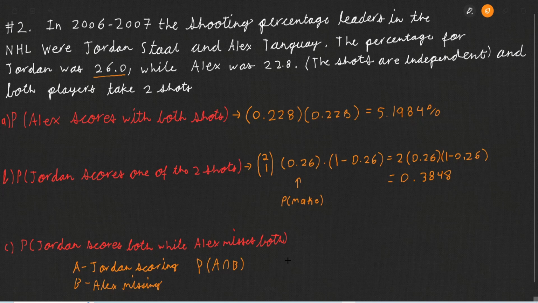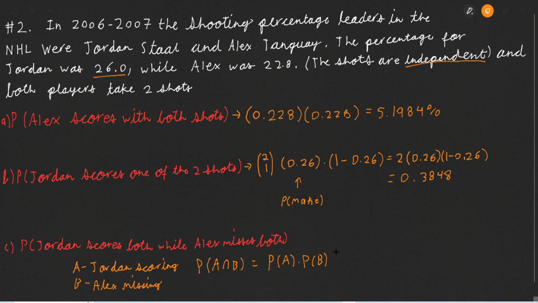So what we'll need to do here is we'll need to use our probability formulas that we learned in the lesson, which means that the probability of A and B is equal to the probability of A multiplied by the probability of B. But this is only true because we already know that the shots are independent, because this is a part of our independent formula.